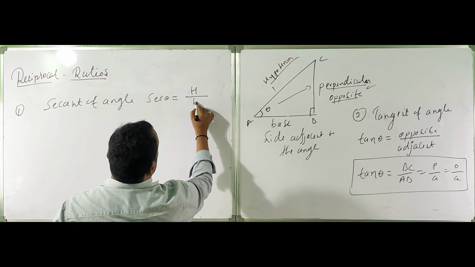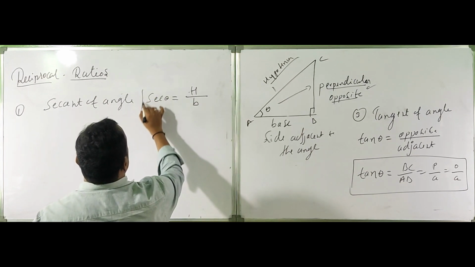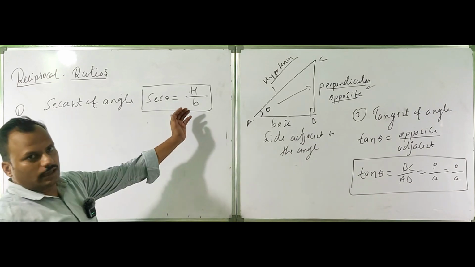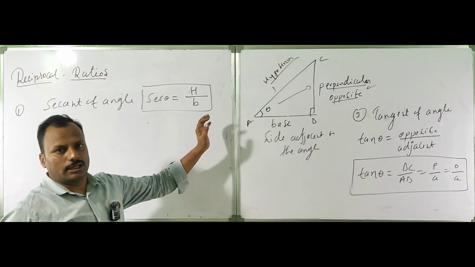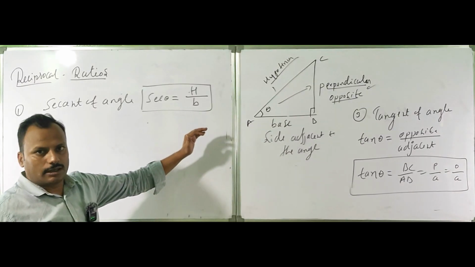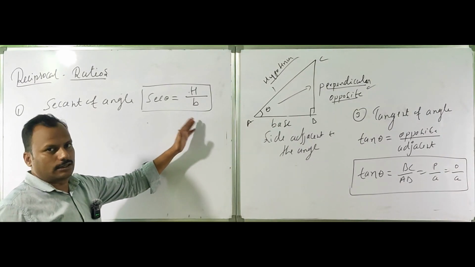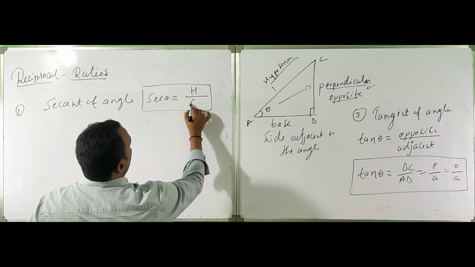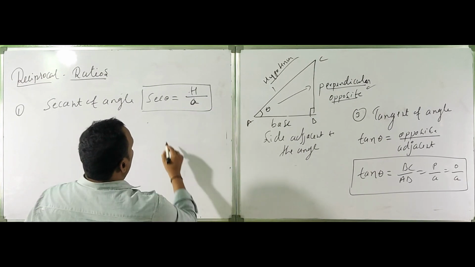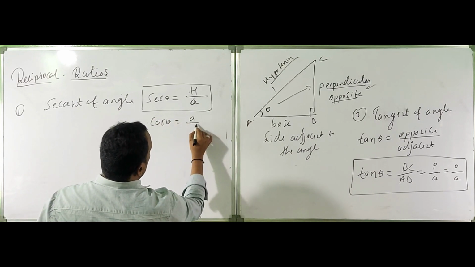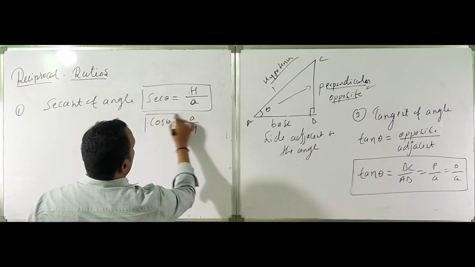Hypotenuse by base, hypotenuse by the side adjacent to the angle. Adjacent or base, you can call it also. Adjacent you can write here as A. See, what cos theta do we have? Cos theta we have A by H, right?